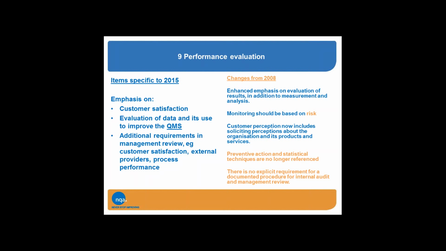However, you do need documented information as evidence that you've carried out those activities. So I think in general the requirements around documented information in the 2015 standards is more about having evidence that things have taken place rather than having a documented procedure.